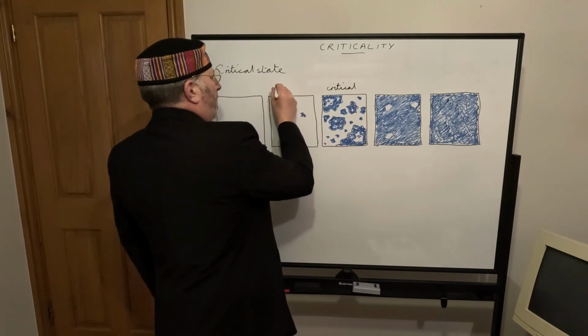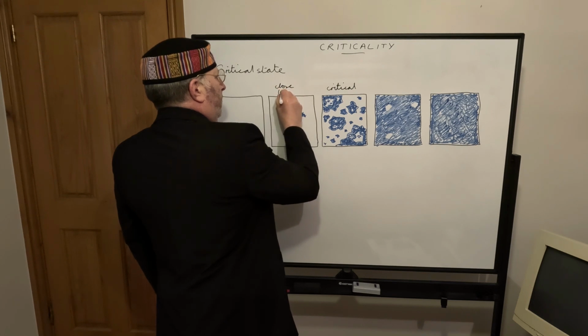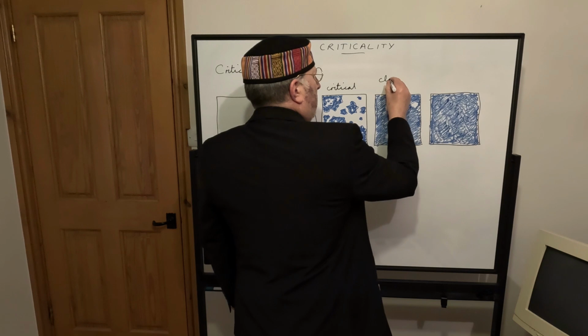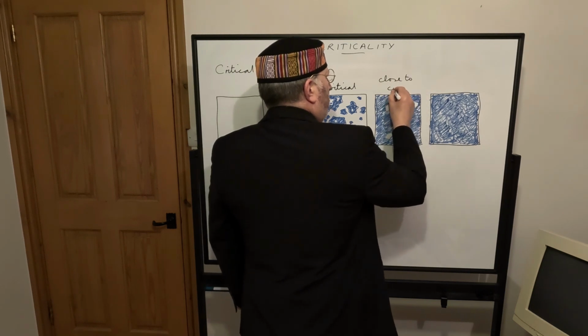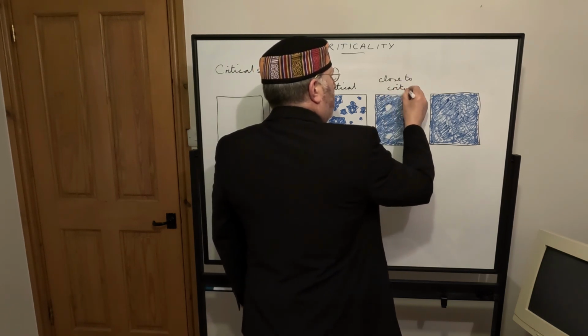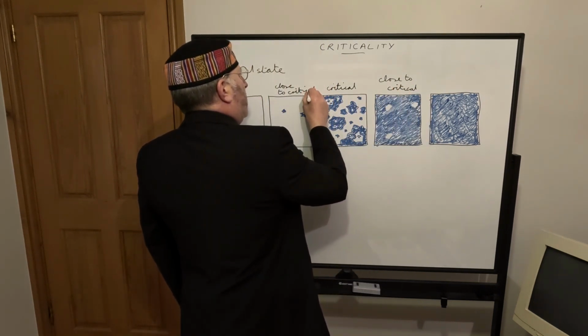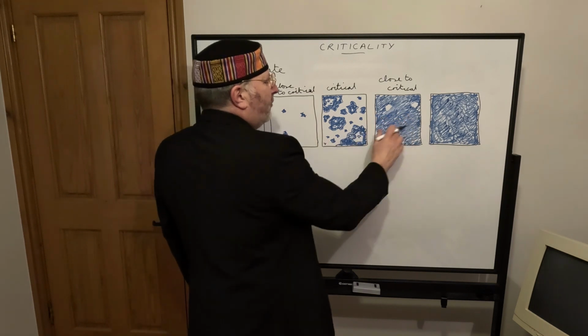And this is close to critical, and this is also close to critical. So there is a bit of water just starting to melt, or a bit of ice just left over.